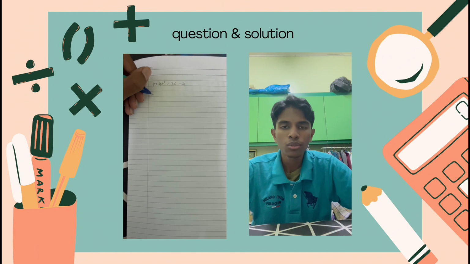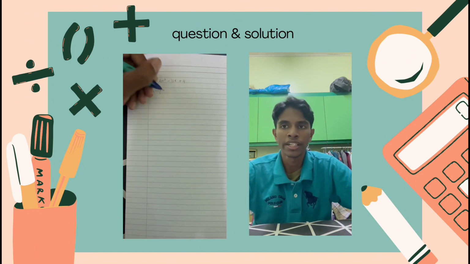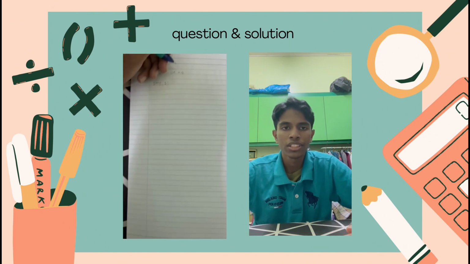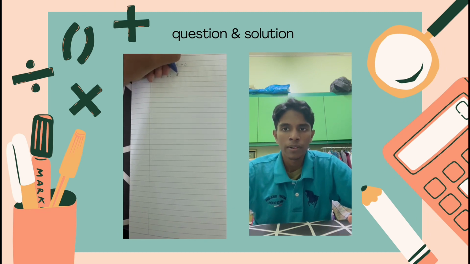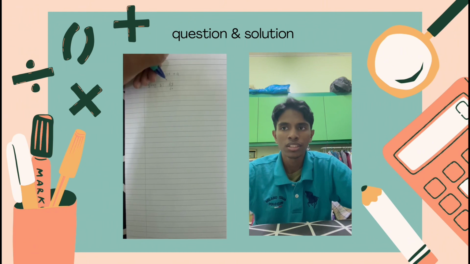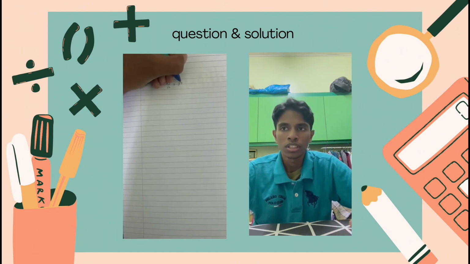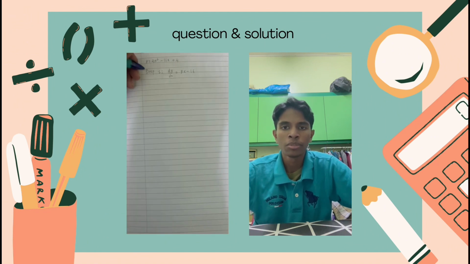Okay, step 1, we must differentiate the equation first by using dy/dx. We change 4x squared into 8x. Then we change 16x into 16. Then we cut out 4, so it will be 0.